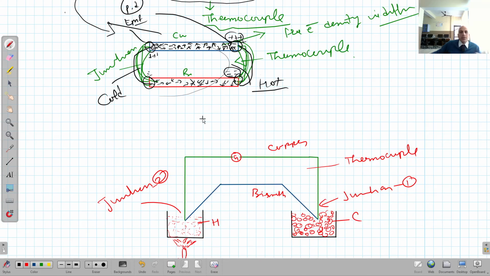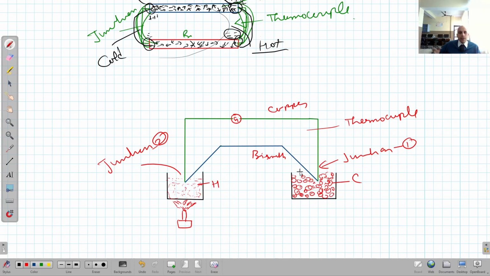It is because of the difference in the density of free electrons, right, in these two different metals, and this density of electron depend upon the temperature, right? So by increasing temperature at one junction and decreasing temperature at another junction, I can change this density of electrons and I can induce a potential difference across these two junctions. So obviously there will be a flow of current.